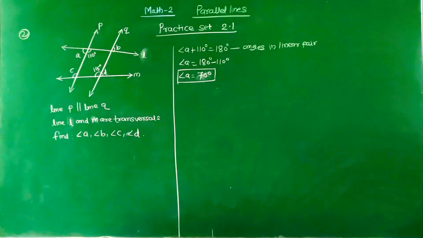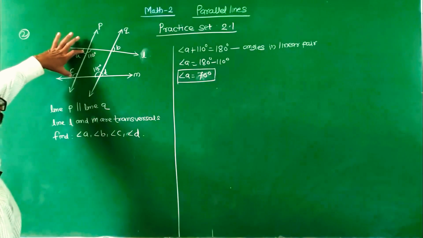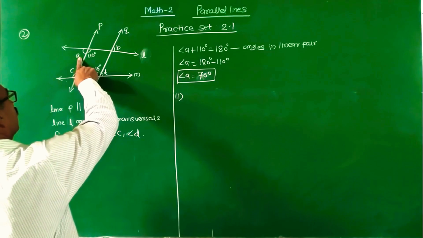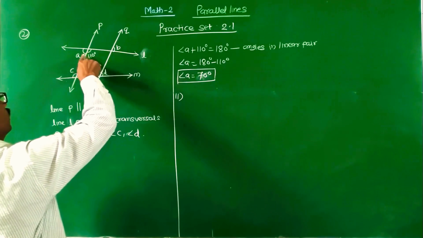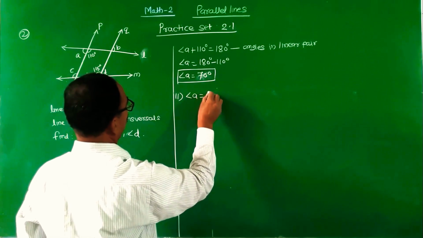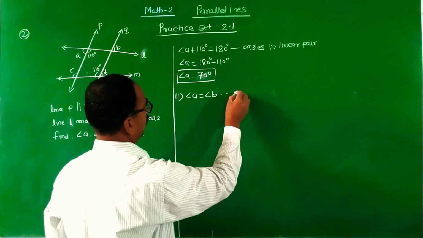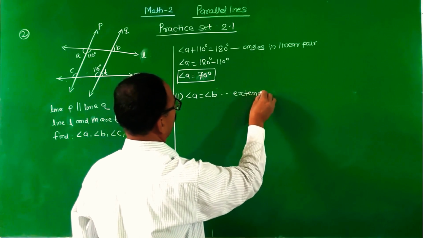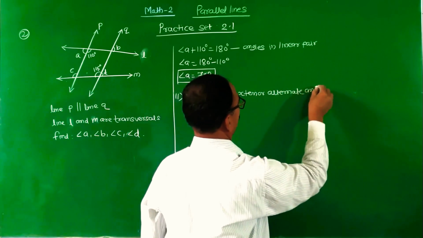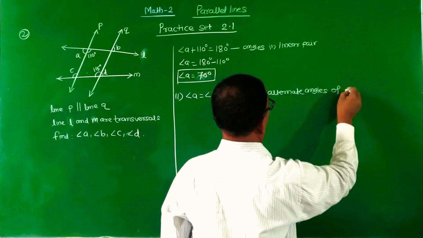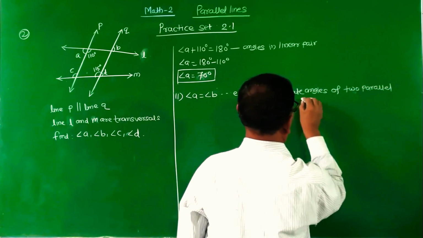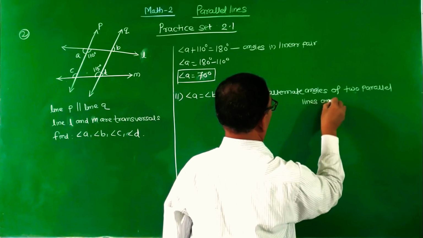Then number 2, here we can write angle A is equal to angle B, because these are the exterior alternate angles of two parallel lines and their transversal.